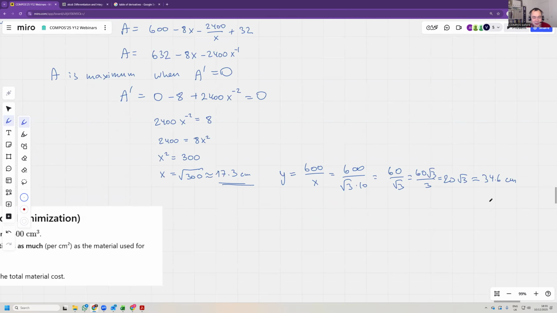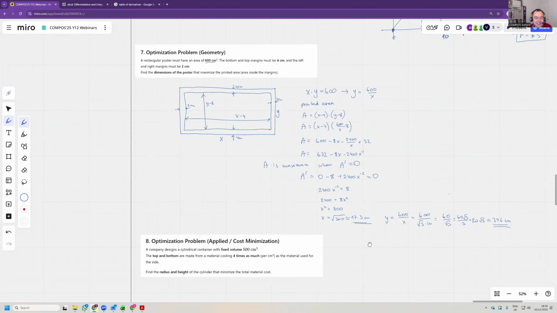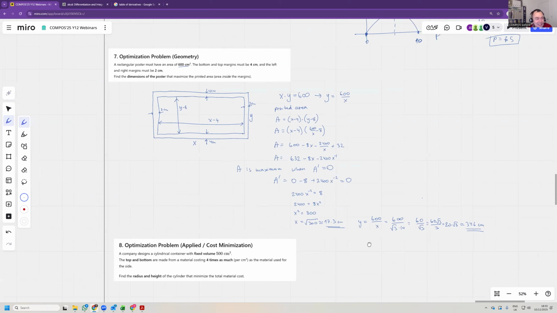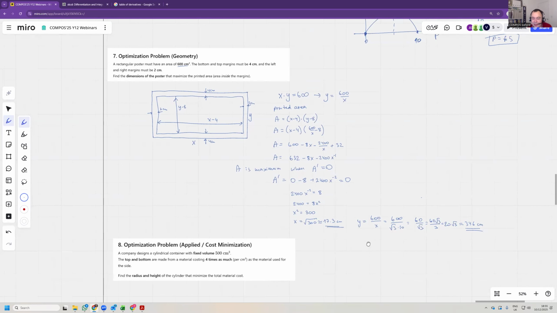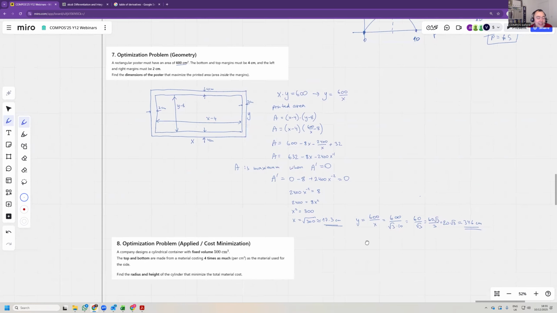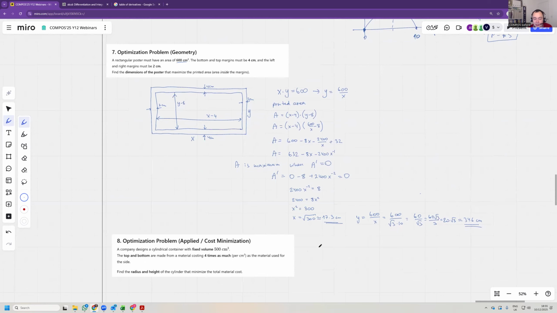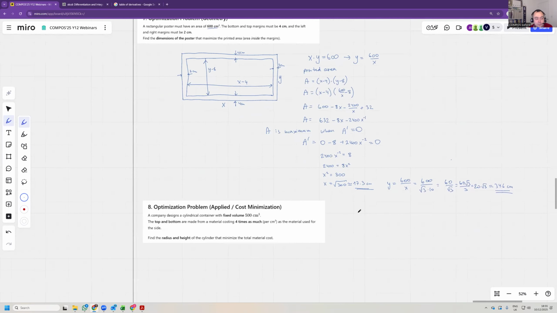I was correct. Okay, kind of pleased with myself. Good. Right, so that's the dimensions. That's the size of the poster that maximizes the printed area.